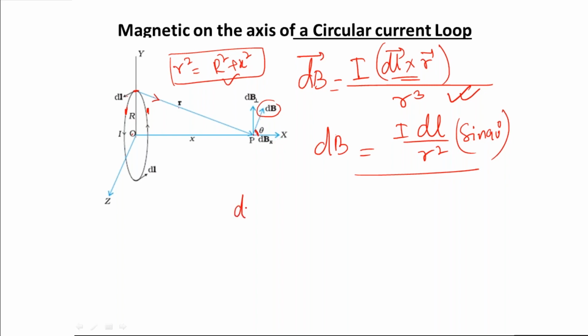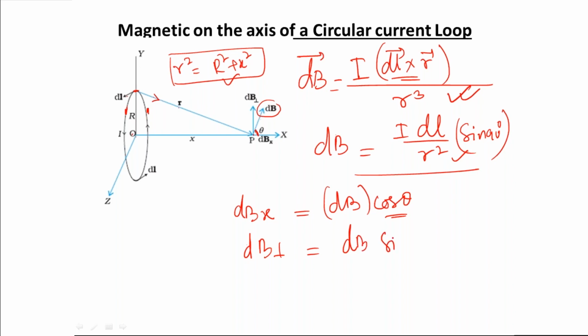I can write dBx, which is along the x-axis, as dB cos theta. And in the perpendicular direction, I can write dB perpendicular as dB sine theta. I hope you people will agree with me.